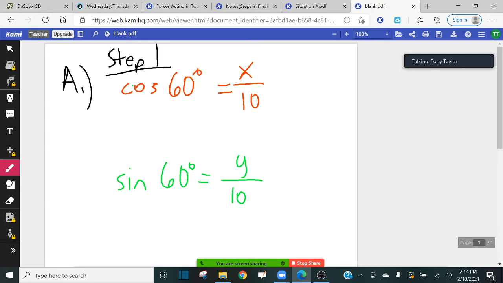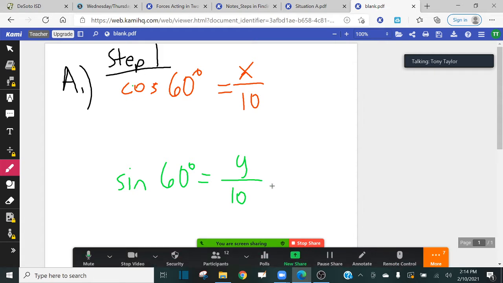Put 10 times sine of 60 degrees in your calculator. To solve for y, you have to multiply both sides by 10. I'm going to put 8.66, which is what I got on my answer key.